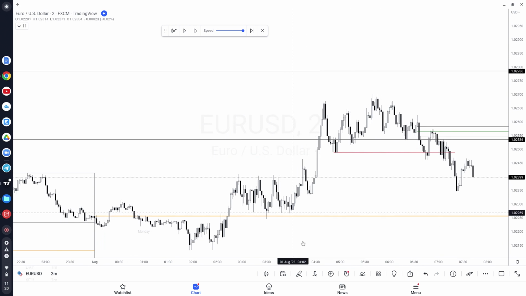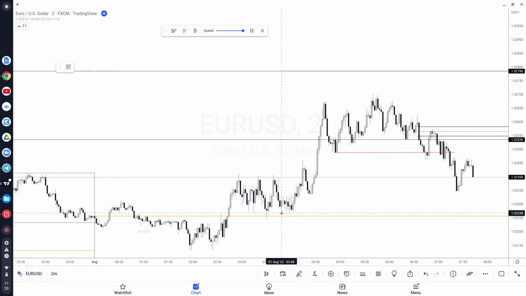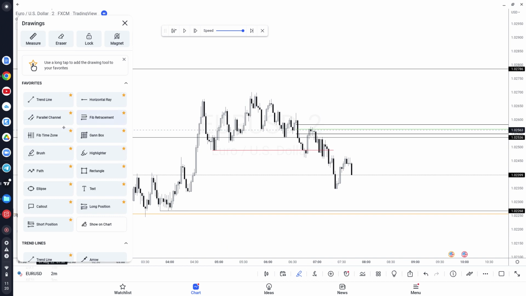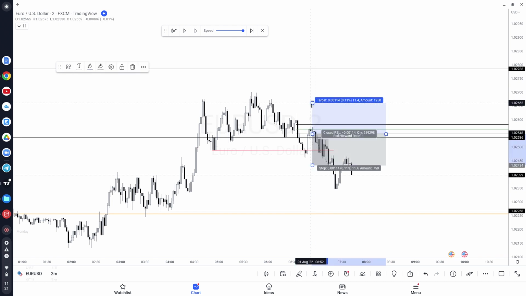Here's equal lows right here, there, and this entry comes in right at that 7 a.m. New York open, right? So that trade will look like this.